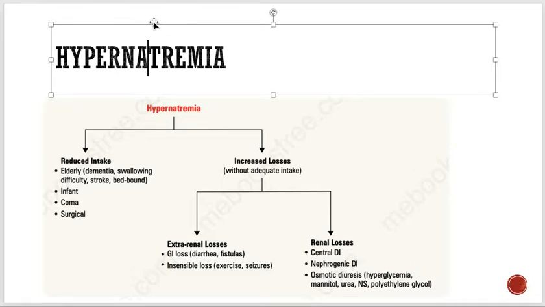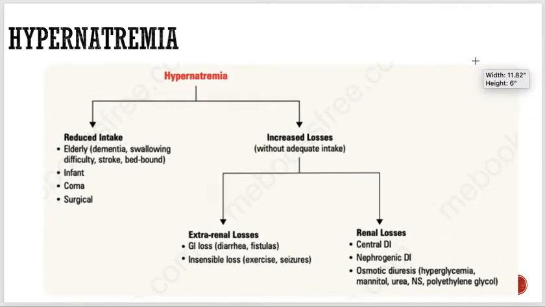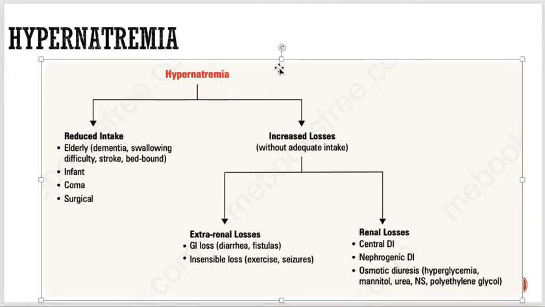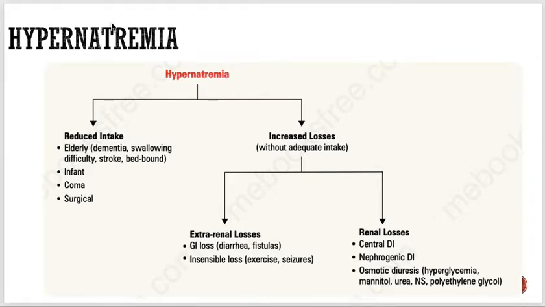So when the sodium level is increased, of course, the ECF osmolality will be increased as well, or it could be a concentration of the sodium. So we can say the patient has hypernatremia simply when their sodium is more than 145 millimole per liter. So remember, hypernatremia is always a hyperosmolar state, because the sodium ions are more.